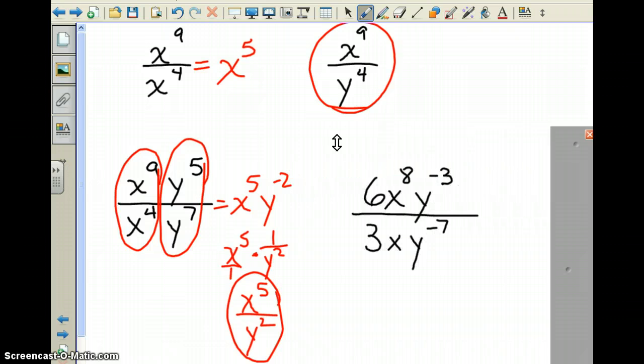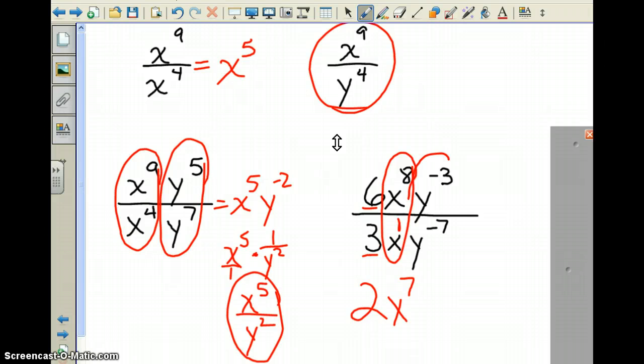And now, last one for today. Here we have some coefficients. We're going to divide the coefficients. So 6 divided by 3 will make 2. And now my bases that are the x's, I've got an x to the 8th and an x to the 1st. So when I subtract 8 and 1, I will get 7.